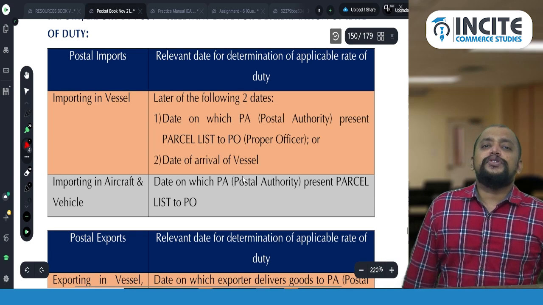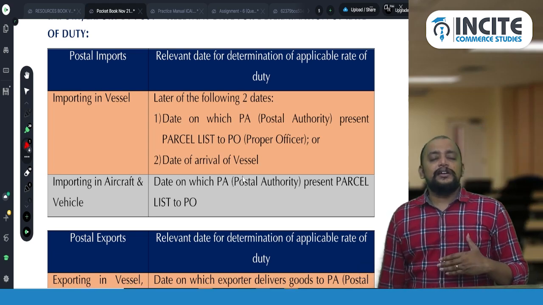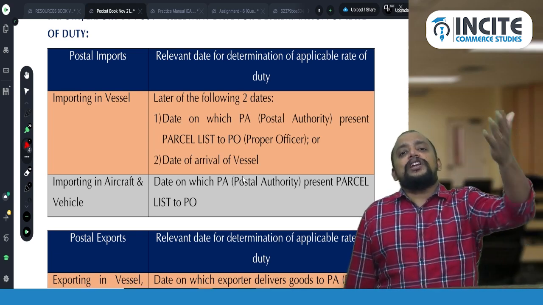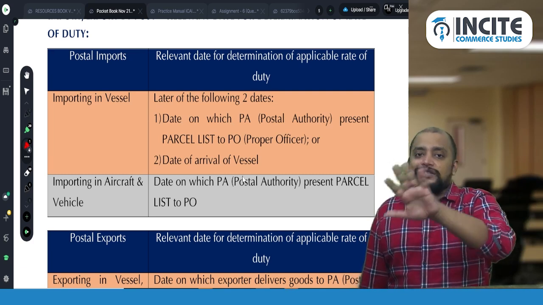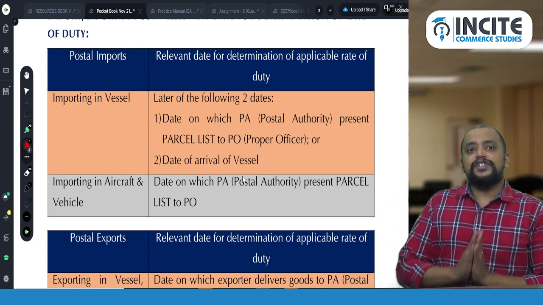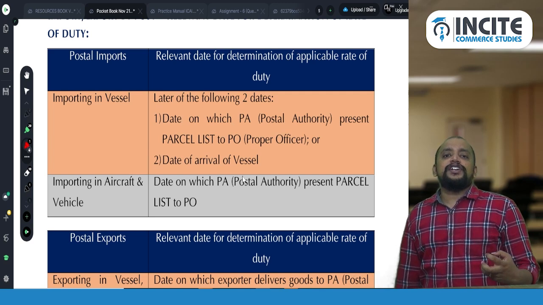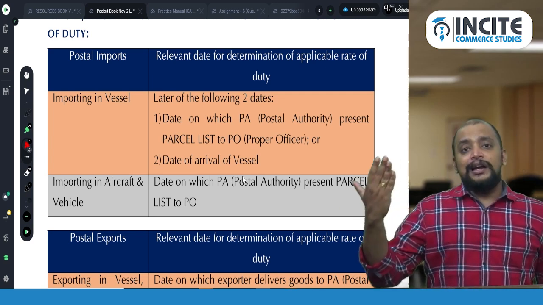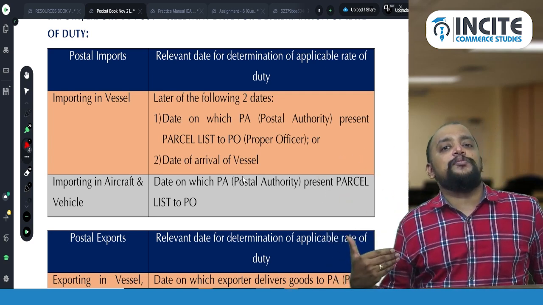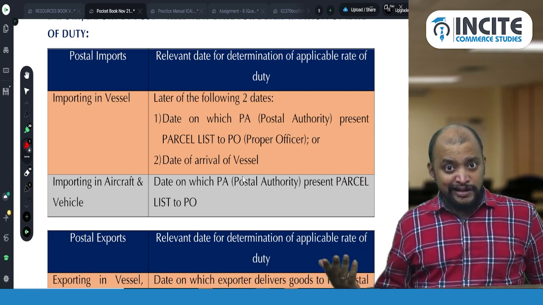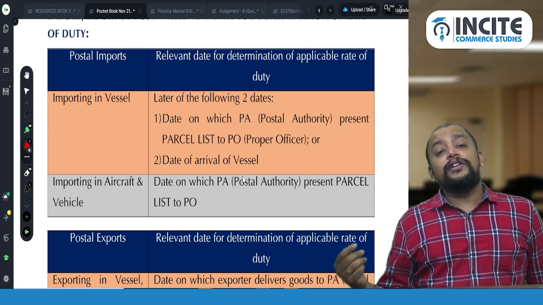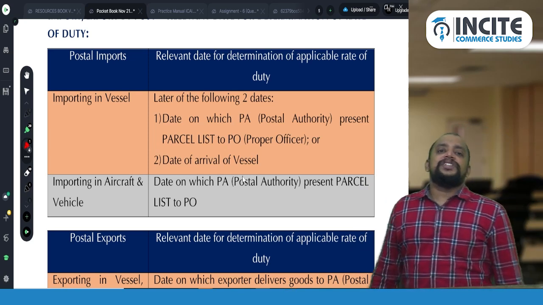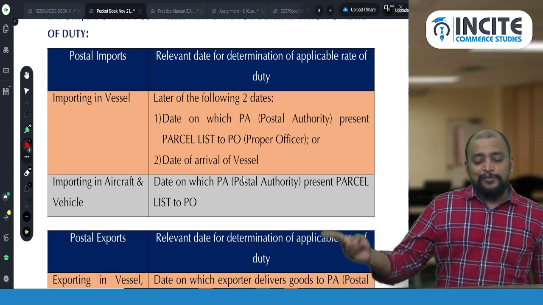The same procedure is applicable for courier agency. The only thing is that the postal authority is replaced with the courier agency. First the postal authorities will submit the list containing the articles which are imported to the proper officer. So that date or the date of arrival, whichever is later, will be taken.